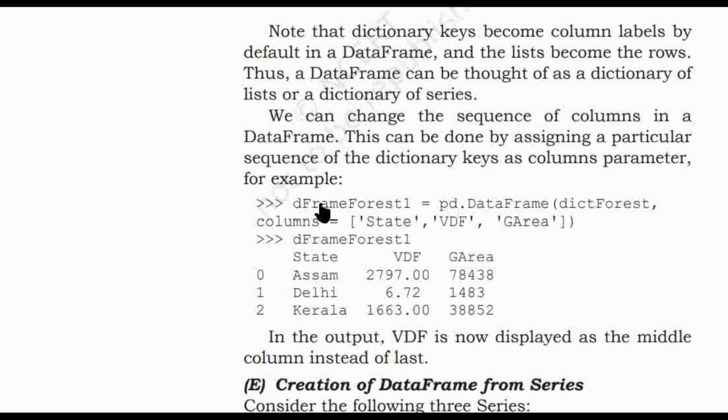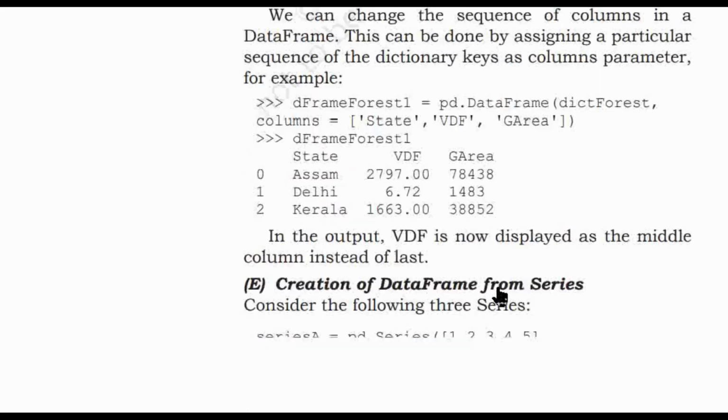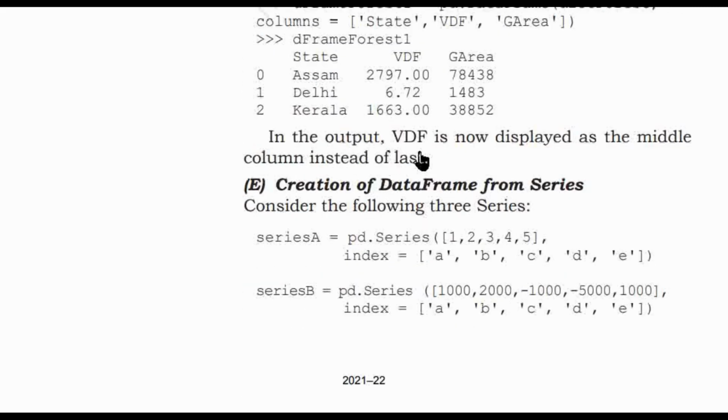For example, dFrameForest1 = pd.DataFrame(dictForest, columns=['State', 'VDF', 'GArea']). dFrameForest1: State, VDF, GArea, with rows 0, 1, 2 Assam, Delhi, Kerala. VDF and GArea is printed. In the output, VDF is now displayed as the middle column instead of last.